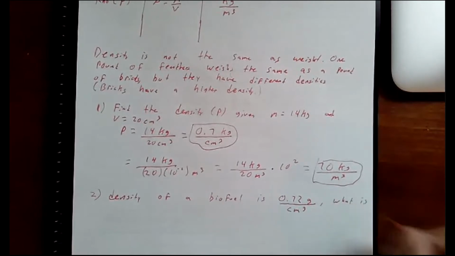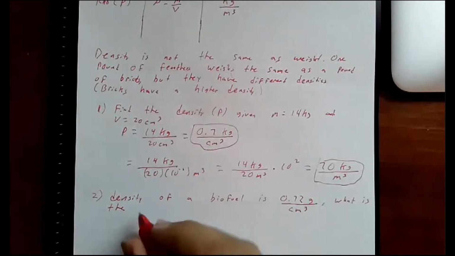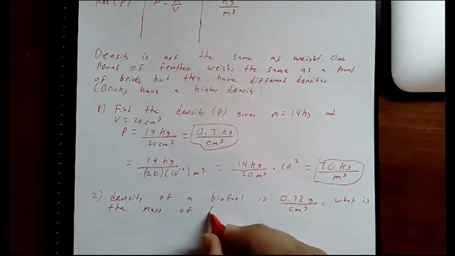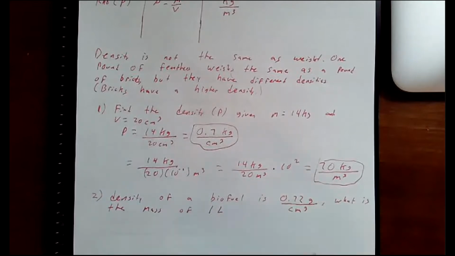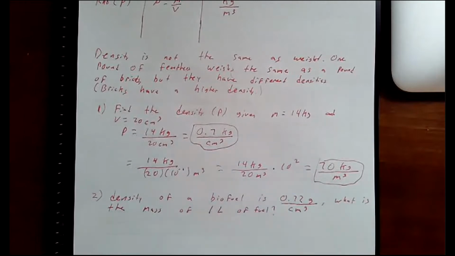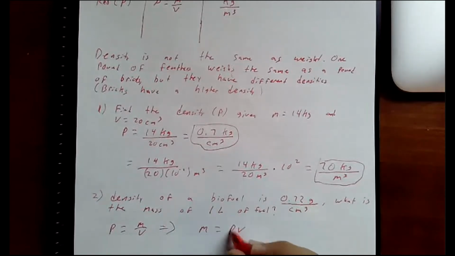What is the mass of 1 liter of fuel? So we have the density already, right? So we're looking for M. So we know that rho is equal to M over V, which implies that the mass is equal to rho times V, right?